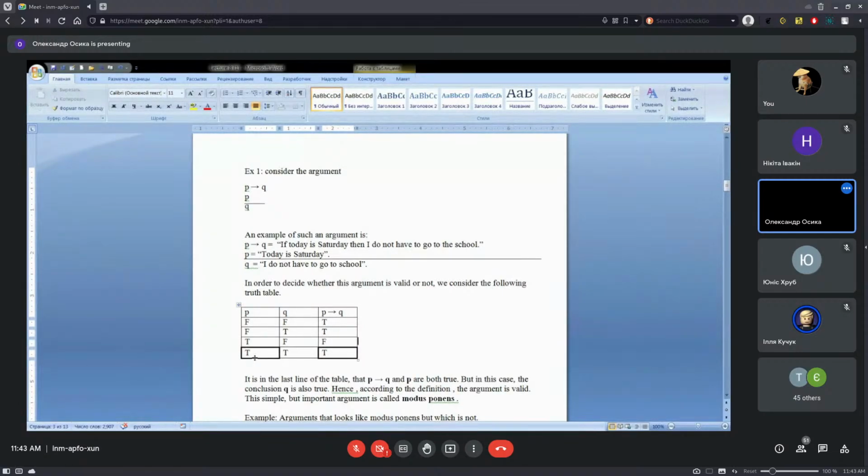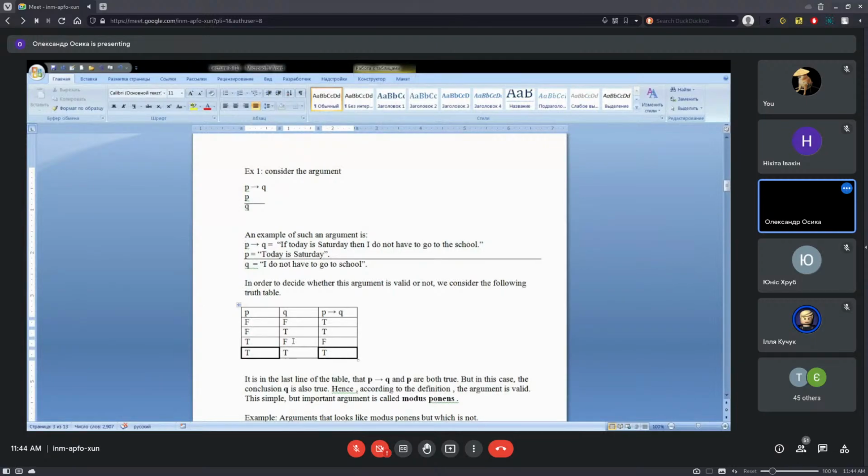Now, P and P implies Q are premises. Premise P is true here and here. The first premise, P implies Q, is true here and here, but false here.